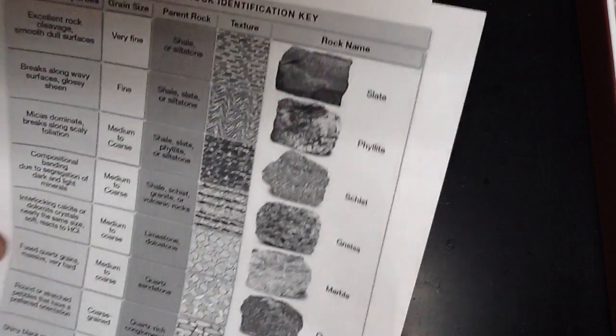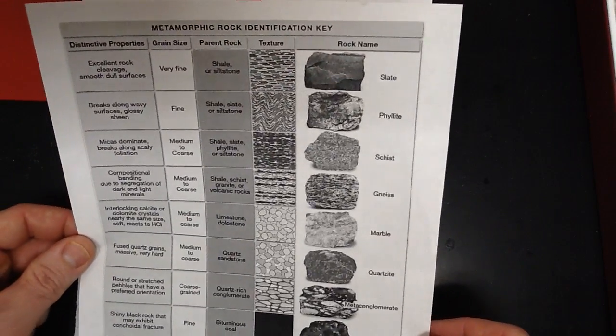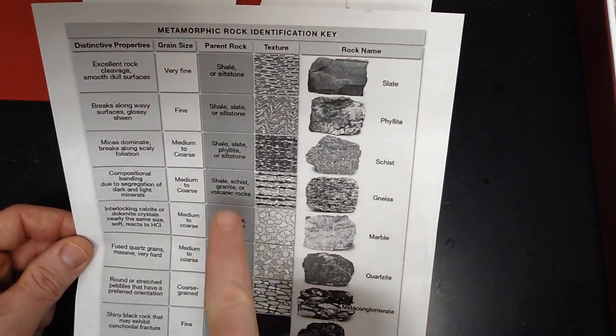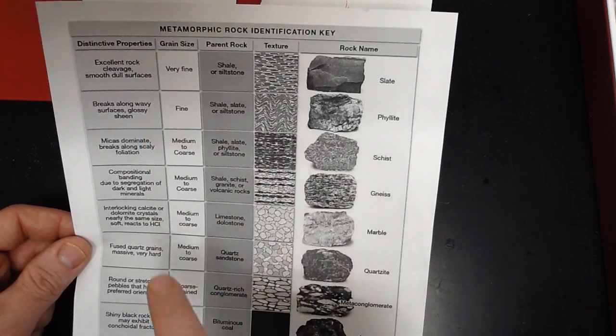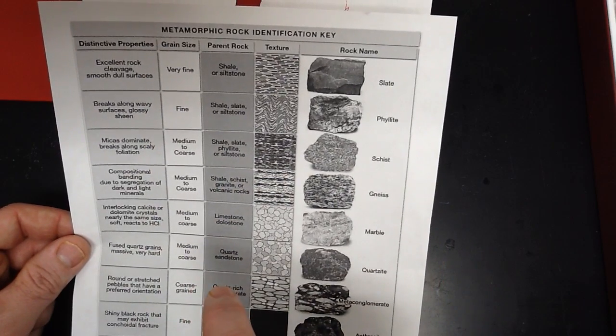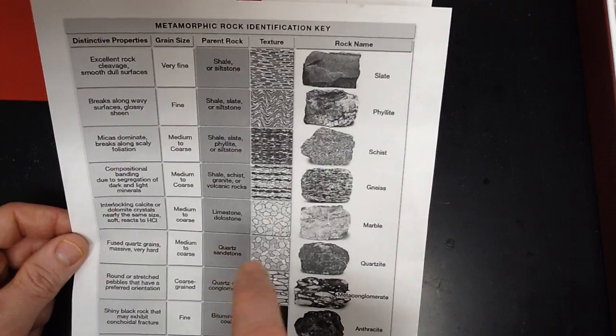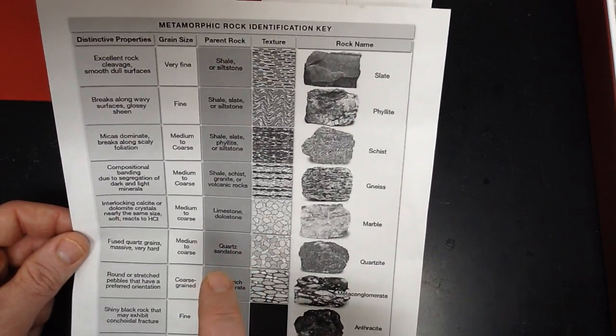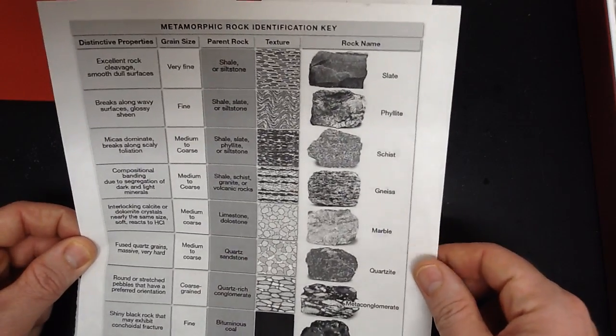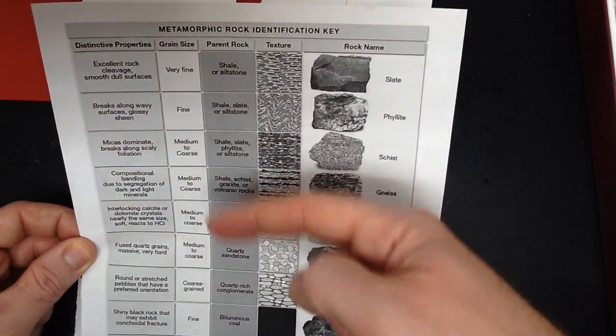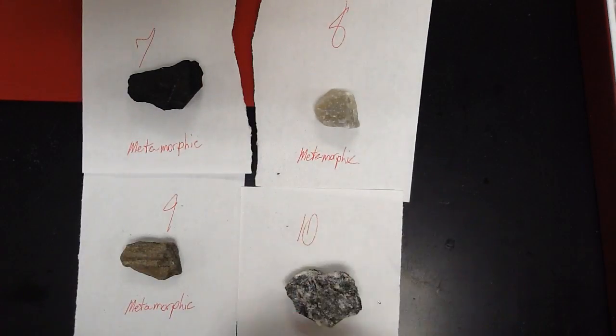There will be some other things you need to fill out besides just the name. So I may ask you for the parent rock, I may ask you for the grain size, and maybe a couple other things, but that might be it. So use this chart to help you answer the questions, to get the names and any other information that's not easily viewable from the rock.